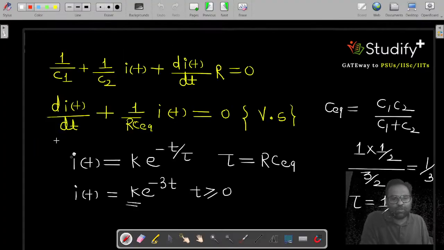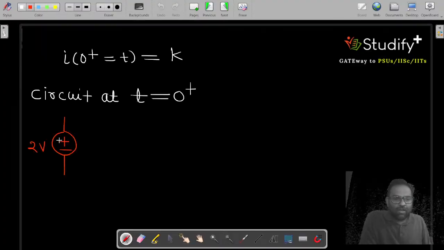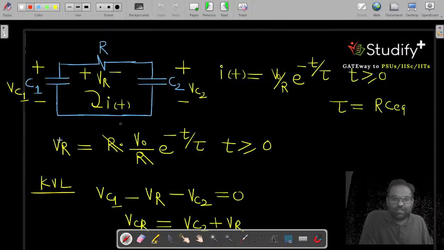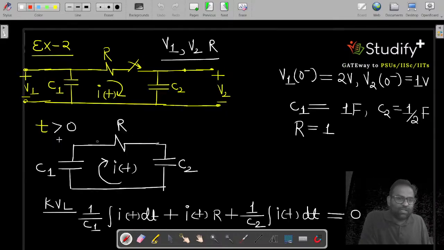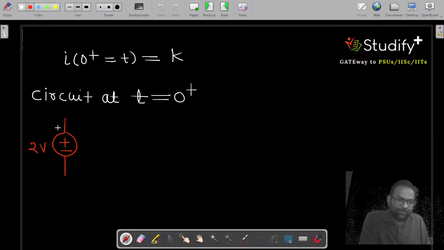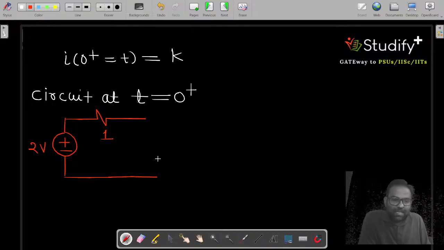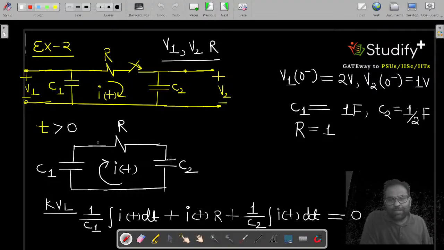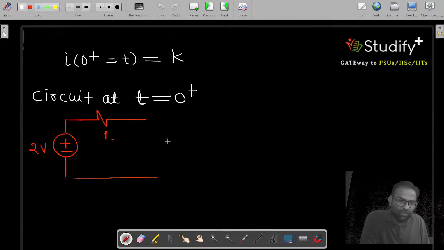This polarity is already mentioned. The resistance will look the same, and this value is also 1. And we are interested in one more value, the initial stored energy of capacitor number 2, and the initial voltage of capacitor number 2 is 1 volt.